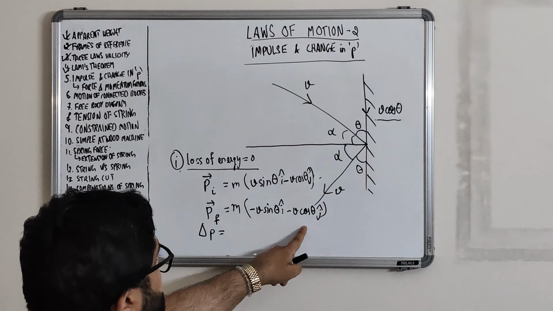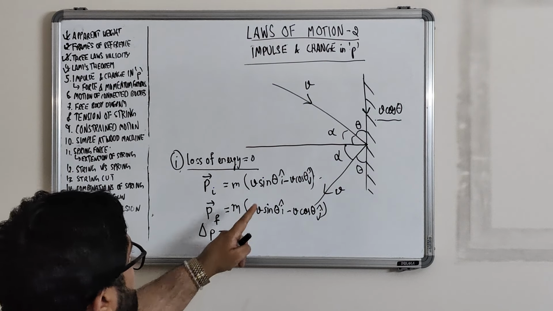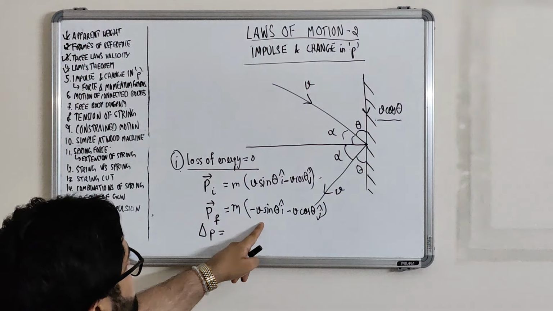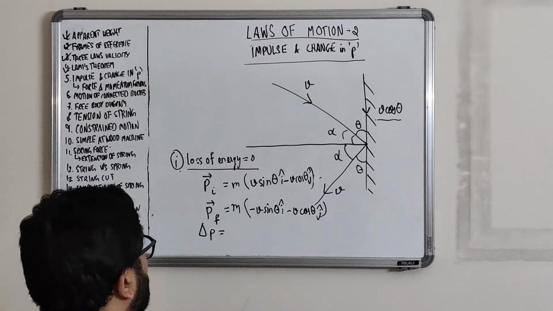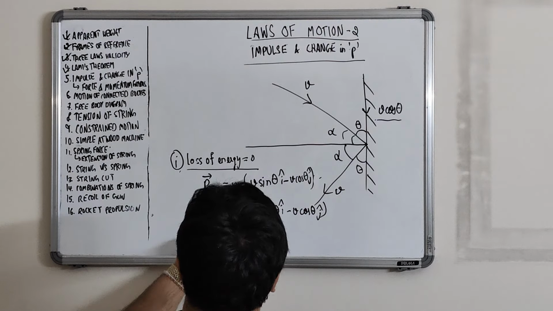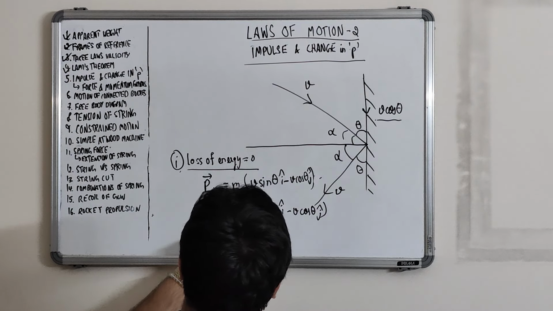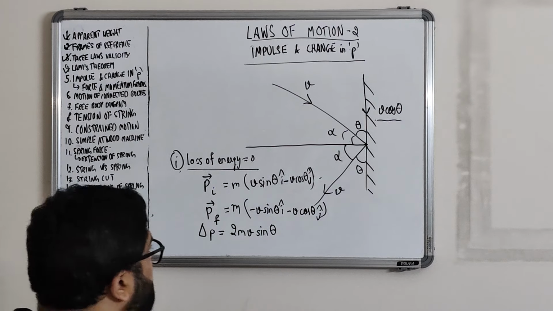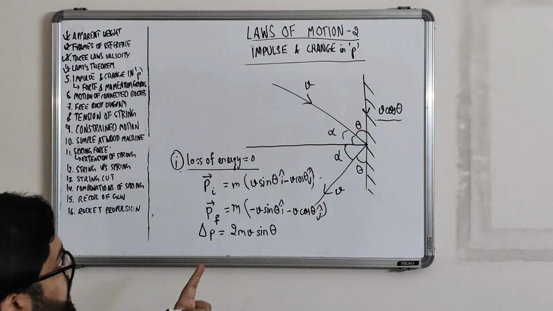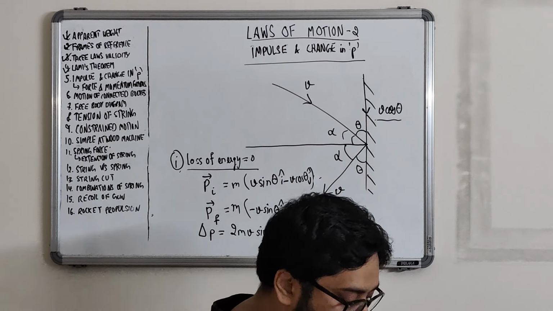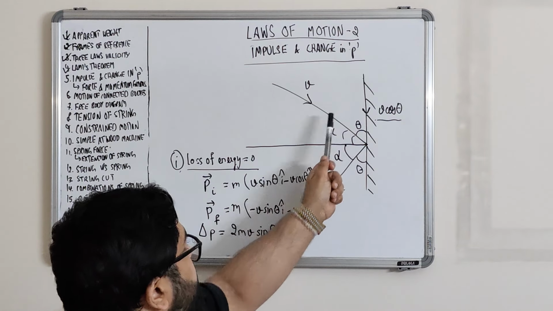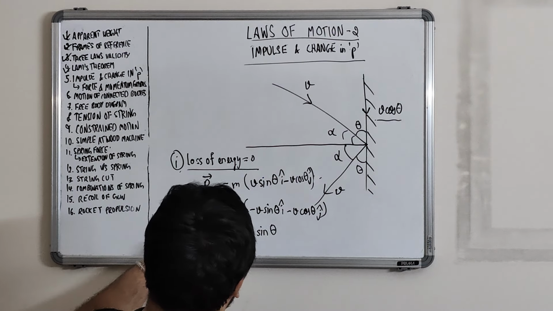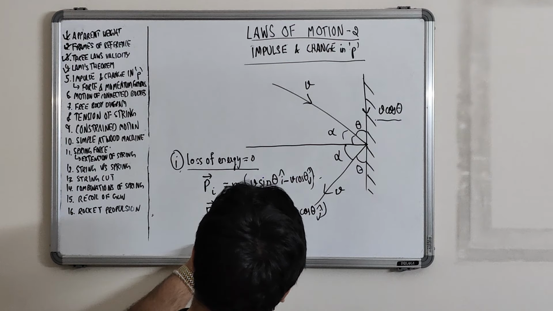So this remains the same. Now, what is the change? The x component is changing. Therefore we get delta p as 2 m v sin theta. Also, sometimes instead of showing you this angle, they'll show you this angle, so you can also write delta p as 2 m v cos alpha.